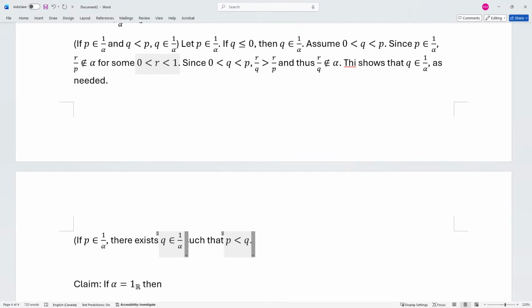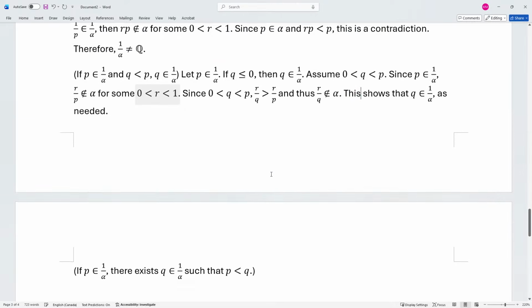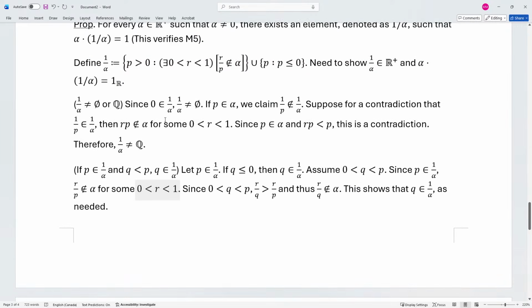So first of all, if P is, say, non-positive, let's do the trivial case first. If P is non-positive, that means you can pick any positive in 1 over alpha.